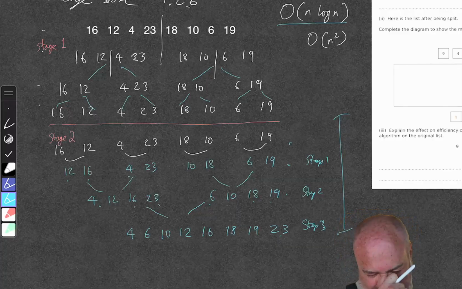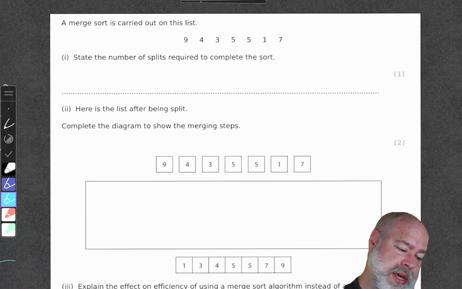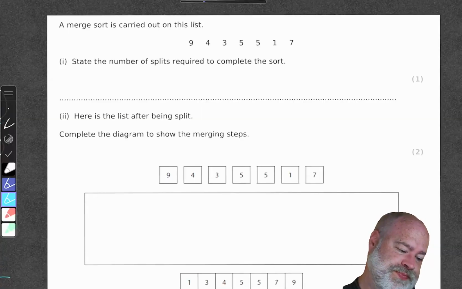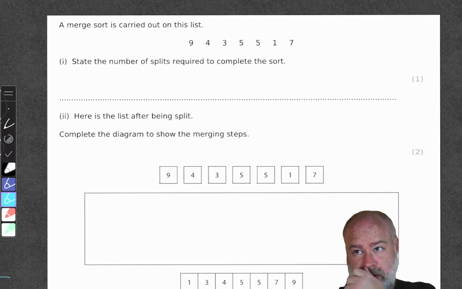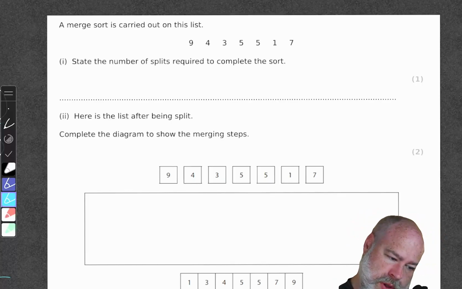So let's look at an exam style question, shall we? A merge sort is carried out on this list. State the number of splits required to complete the sort. Okay, so what we've got here.